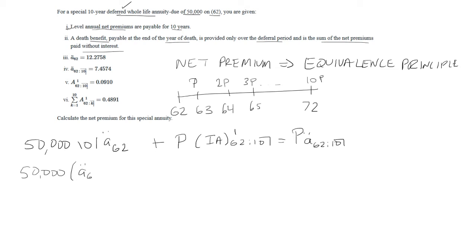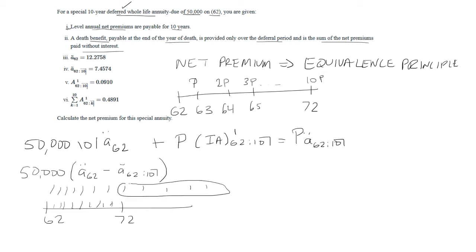So we're going to say it's an annuity due at age 62, subtract annuity due age 62 for 10 years. Okay, so what this looks like is we're going to take this whole thing and then subtract this thing. So then what we're left with is this, which is what we want.